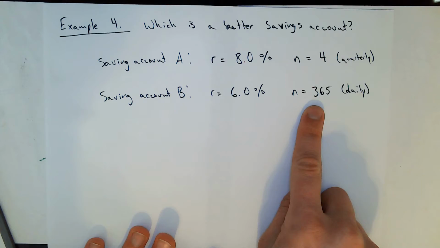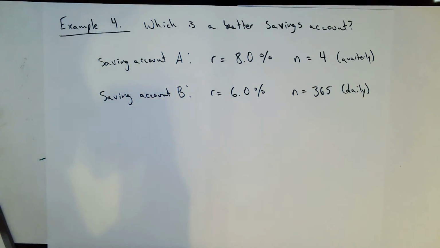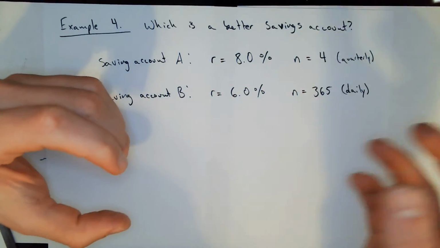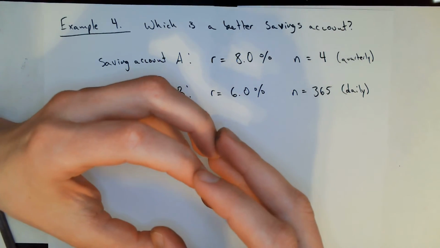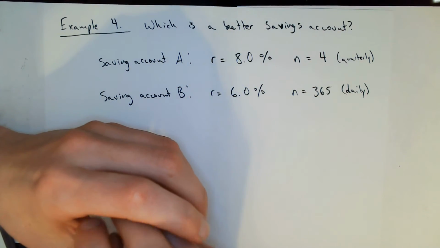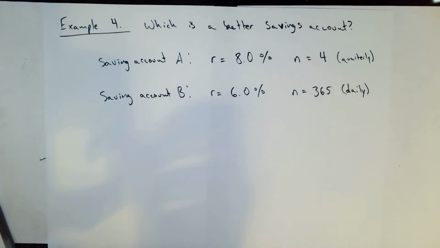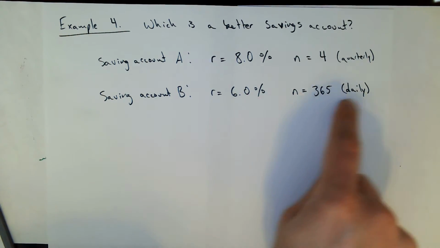Daily compoundings, that means every single day, they recalculate your interest, add it back on, and then the next day they recalculate based off of that higher amount, and then they add the interest back on. So at a glance, you may say, this seems way better.